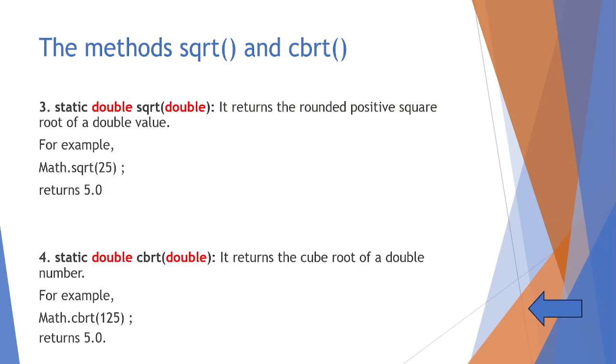If we want only an integer, we need explicit conversion. Then comes static double cbrt(double) again. That means cbrt is the method, double is the parameter, and it returns a double value. So we use Math.cbrt(125), which returns 5.0, the cube root.